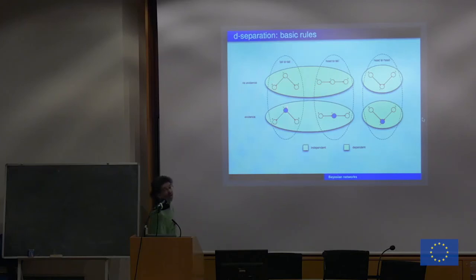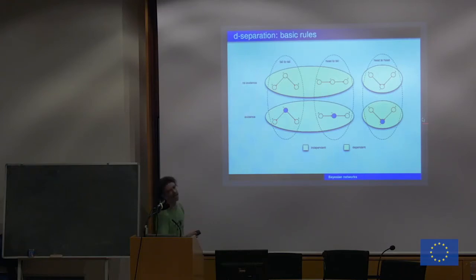So in tail to tail, A and B are not independent, but they become independent if C is observed, okay? Now, head to tail is a case in which C is in the middle, and there is an arrow going into C and an arrow leaving from C to B, okay?